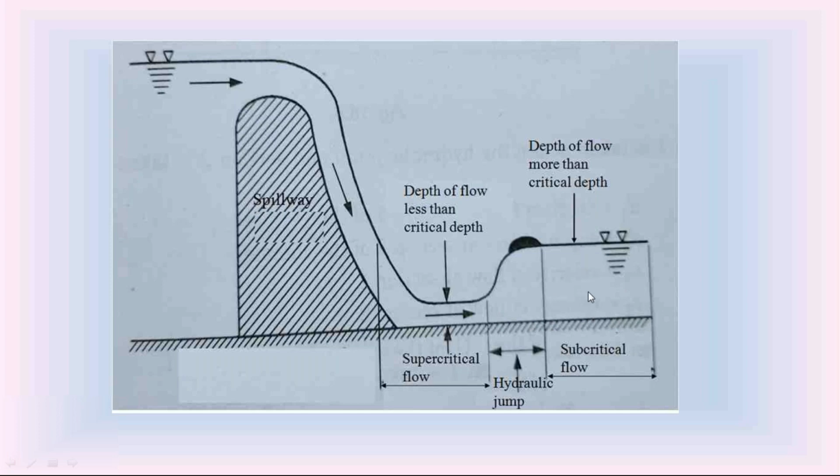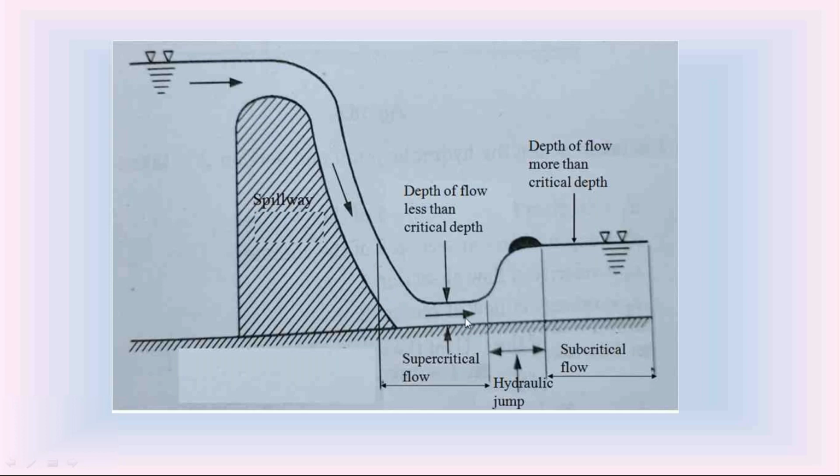So in this region, the water flow is in subcritical condition. In the subcritical condition, the velocity is less, so in this portion we have lesser kinetic energy. In the subcritical flow, there is a smaller amount of kinetic energy, whereas in the supercritical flow, we have large kinetic energy.